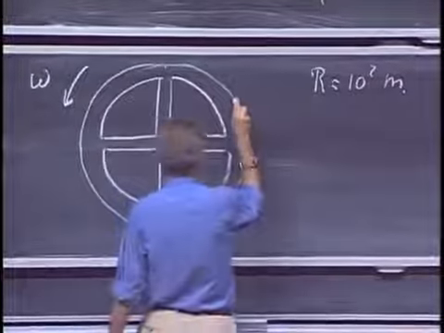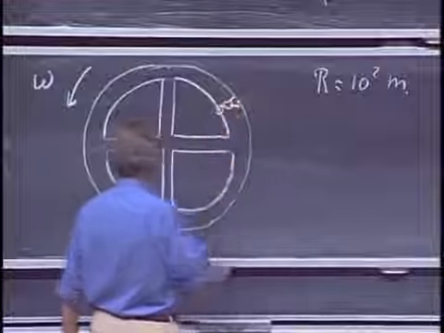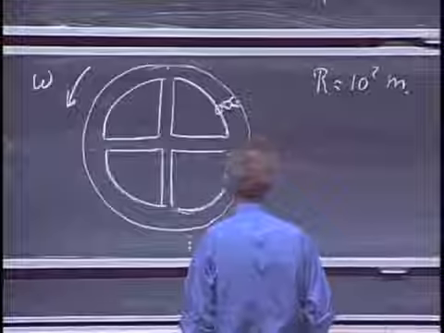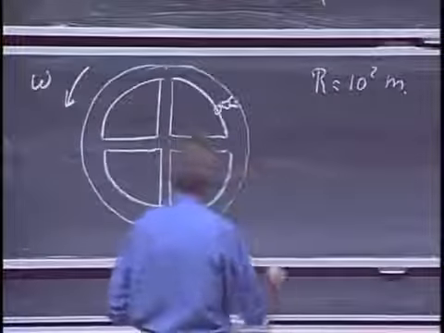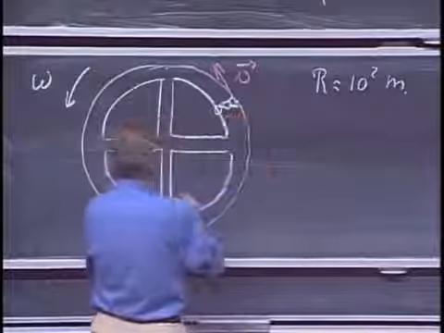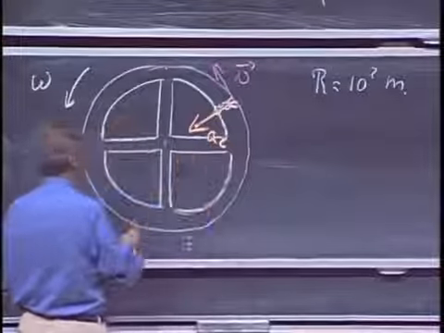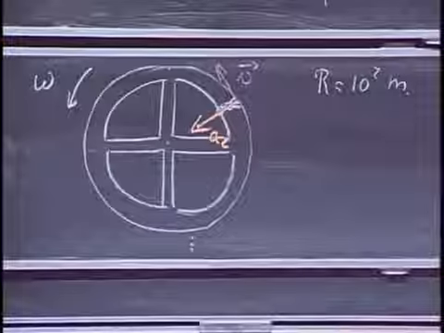You're here. There you are. You go around. Therefore, non-negotiable, you're going around with a certain velocity v. This v equals omega r. And therefore, you require a centripetal acceleration towards the center. That is non-negotiable. Where do you get it from?